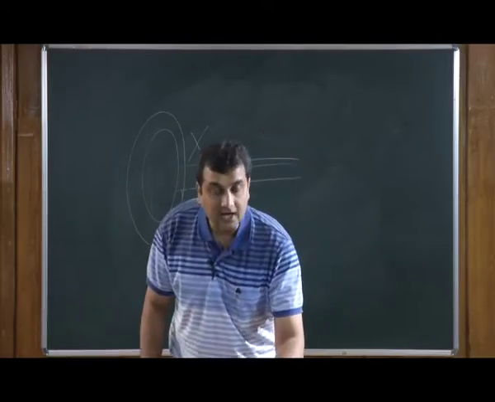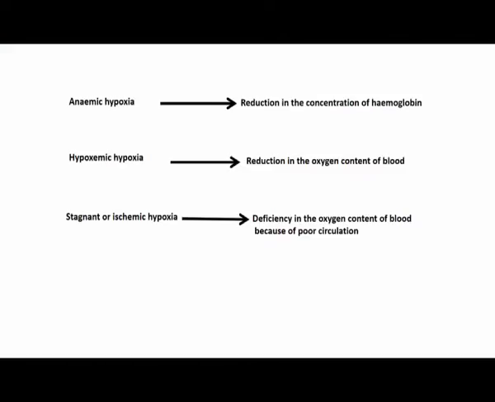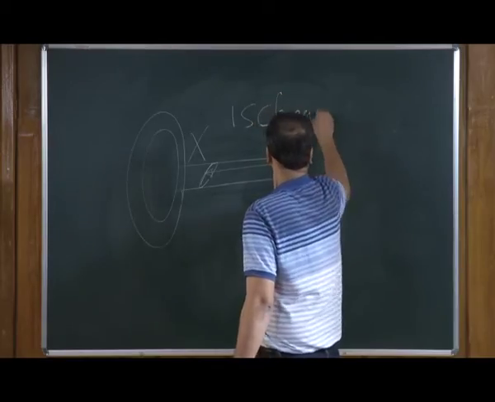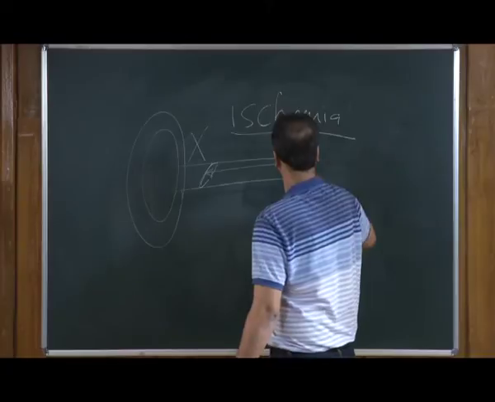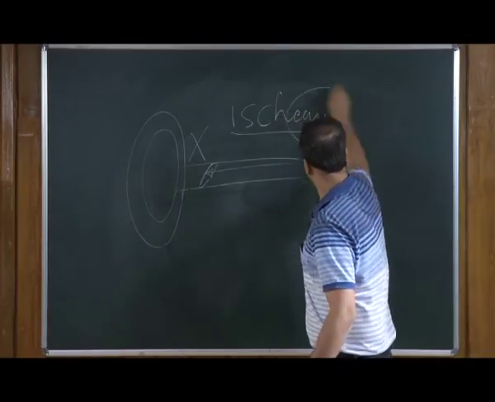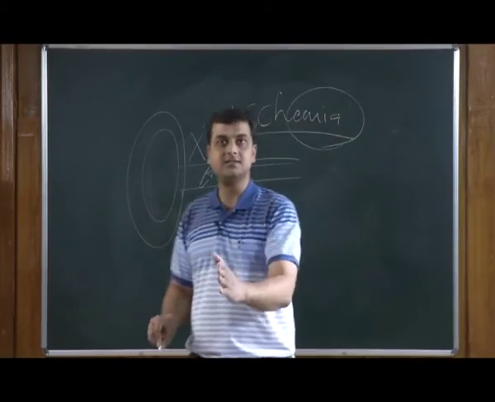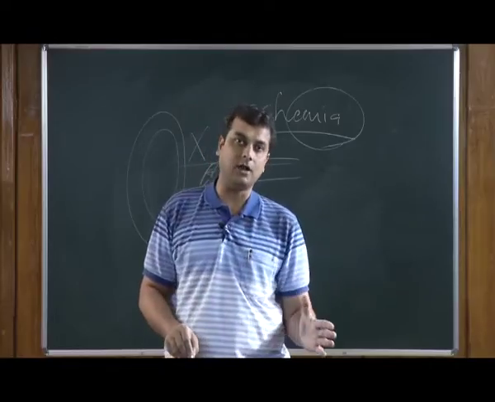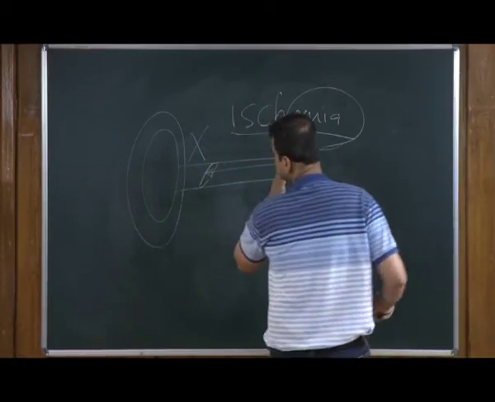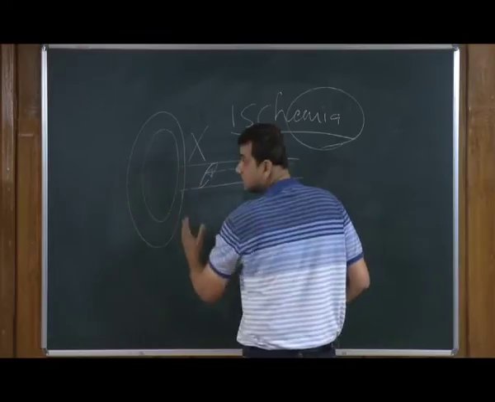This condition is called ischemia. Emia again, anything that ends with emia, you can think that blood is involved. So, ischemia is just a stoppage of blood towards this organ.